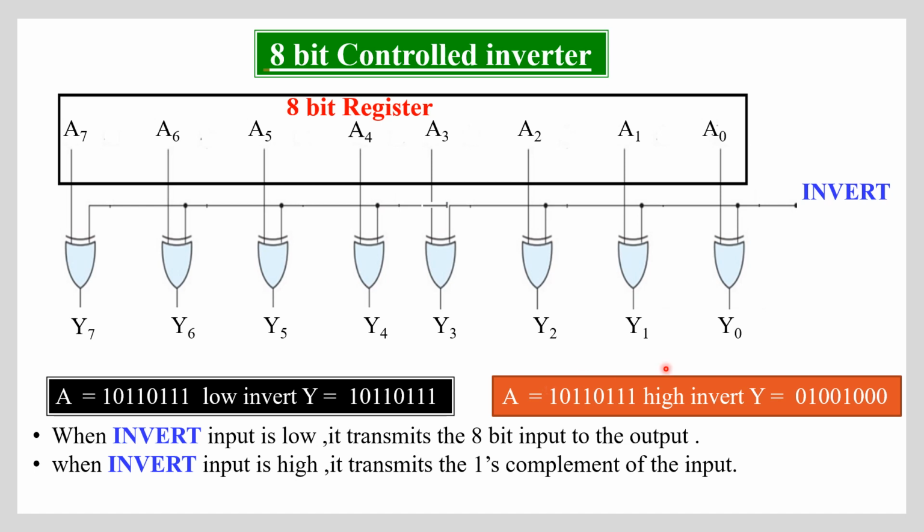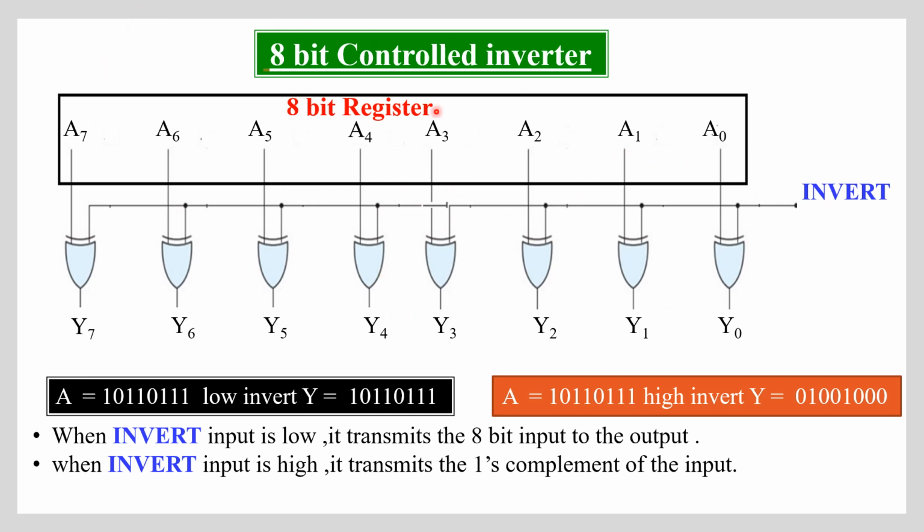But when the invert is high, Y produces 0 1 0 0 1 0 0 0. Thus when the invert is low, the output is equal to the input, and when the invert is high, it is equal to the ones complement of the input.